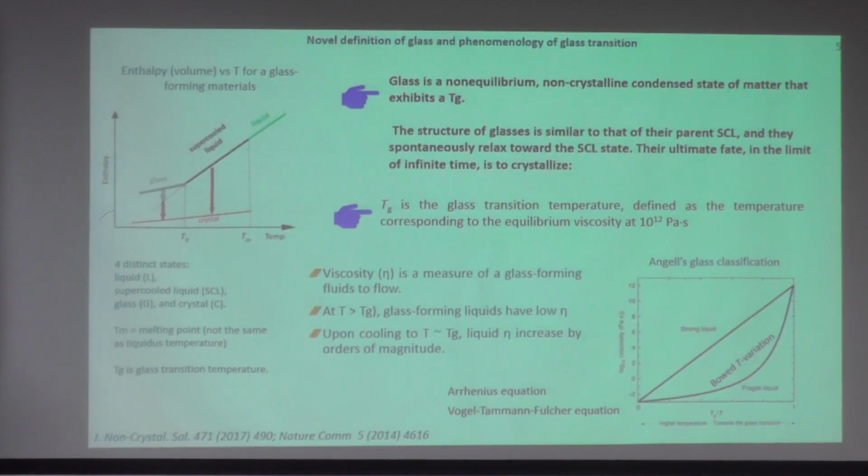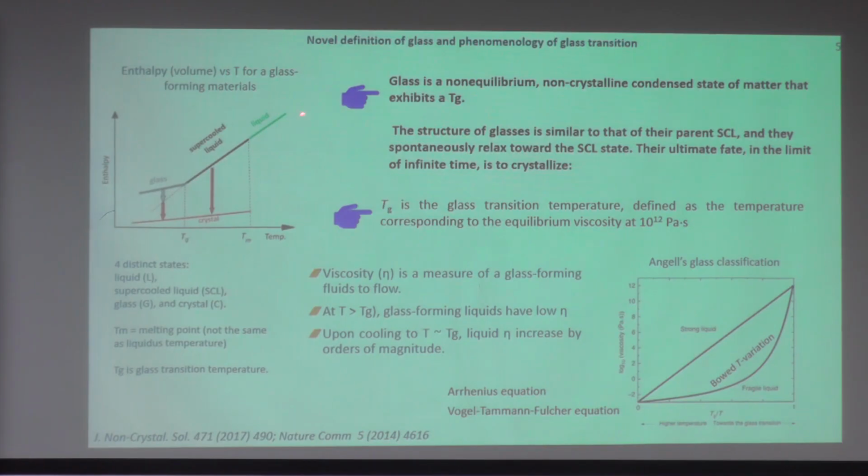So now again, let's go back to the definition of glass. Glass is a non-equilibrium, non-crystalline condensed state of matter that exhibits Tg. Tg is the glass transition temperature. If you look at the graph of enthalpy over temperature, and our material transforms to the glass, it will always show a Tg, the glass transformation temperature.